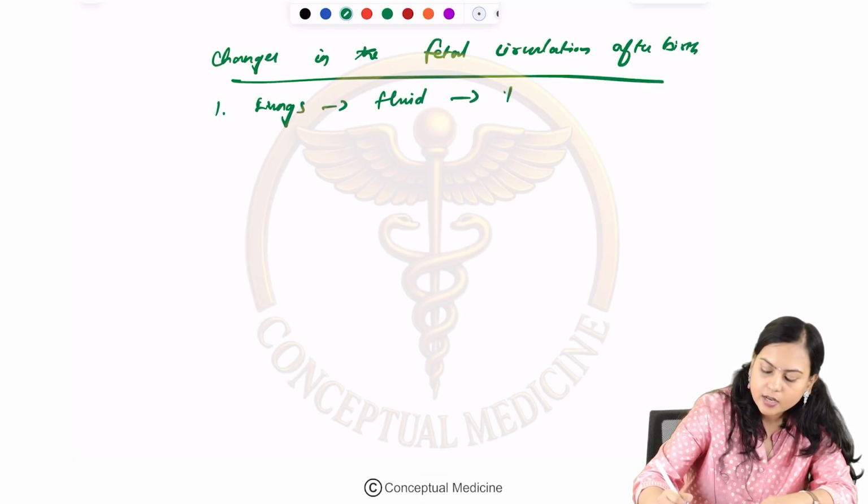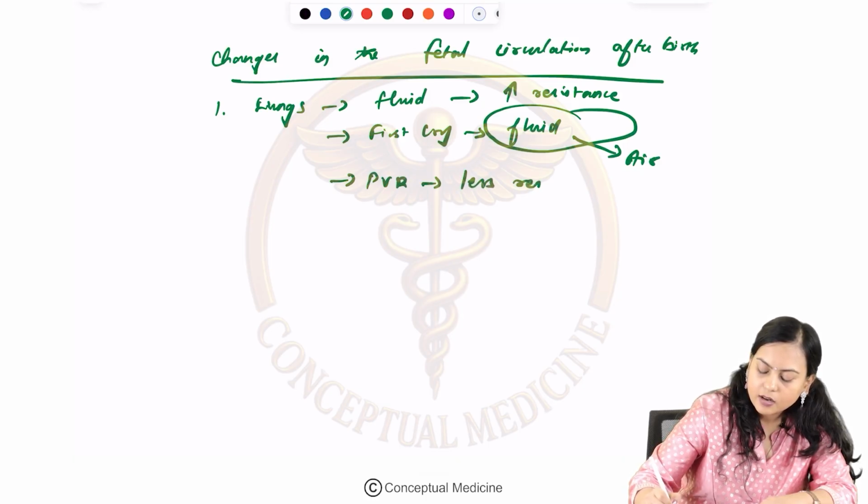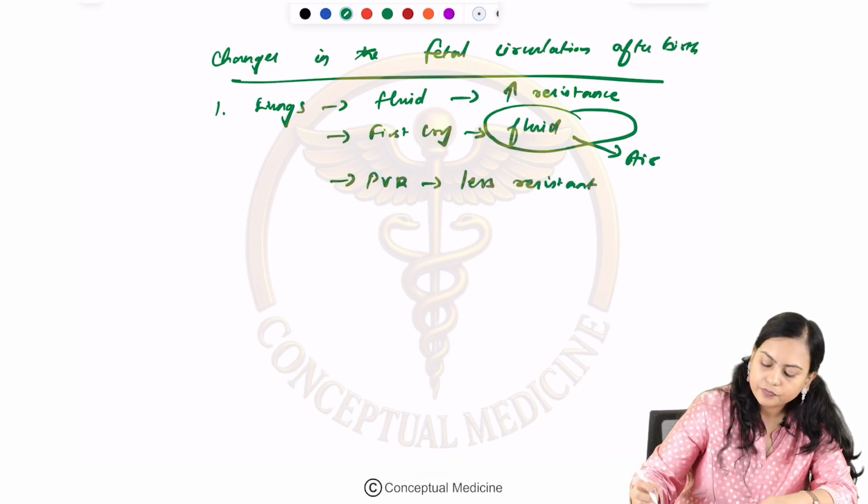So increased resistance was seen in the lungs, and it was a highly resistant system. But after the first breath, what happens is this fluid is now replaced by air, and hence the pulmonary vascular system becomes a less resistant system.